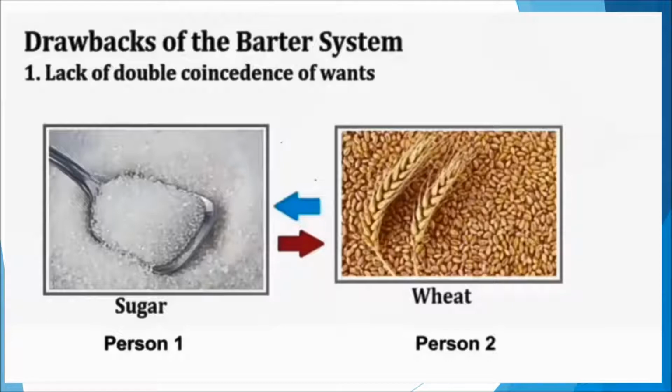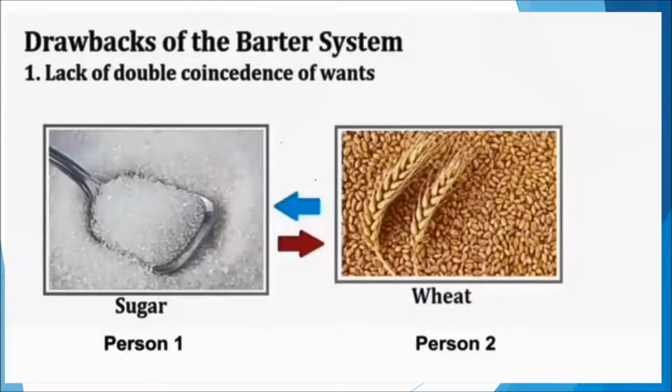So now person 2 has to exchange the wheat with somebody who has rice. Again he has to bring the rice and then exchange with the sugar. So there is a lack of double coincidence of wants. So it is a complex process.